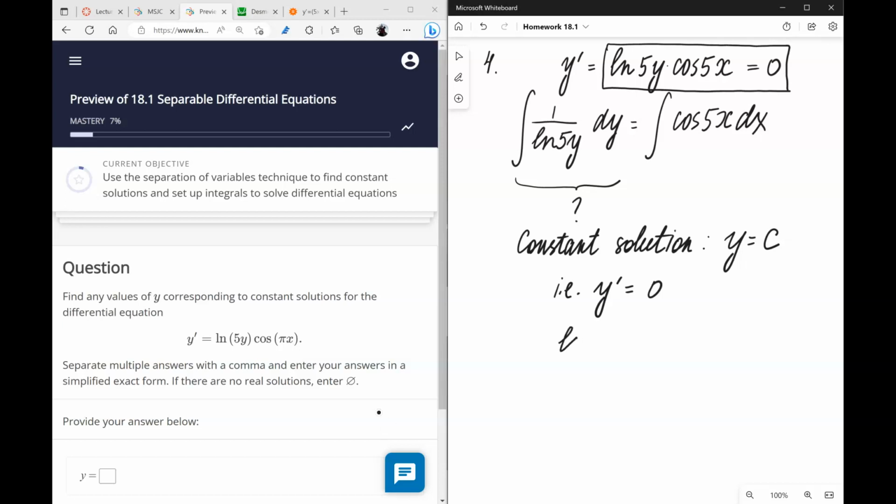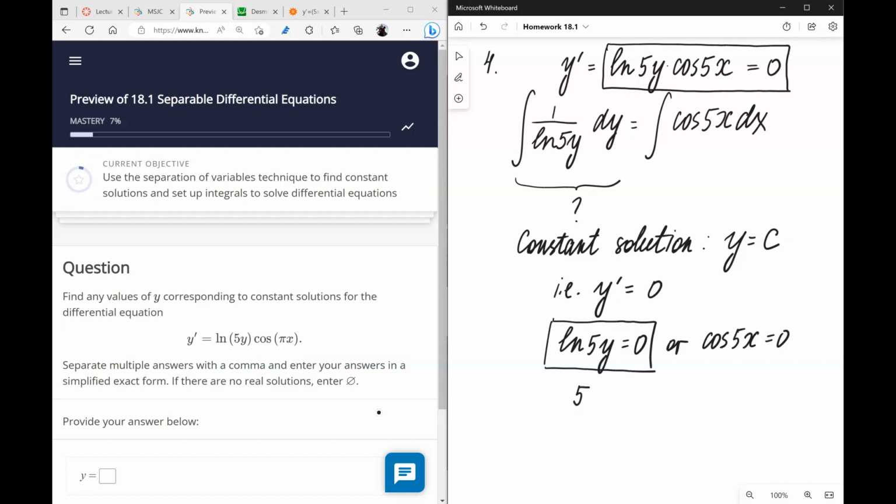Now, by the zero product property, we conclude that either ln of 5y equals 0 or cosine of 5x equals 0. But the question is not about x, the question is about which y values, so we're going to focus on the left-hand side.